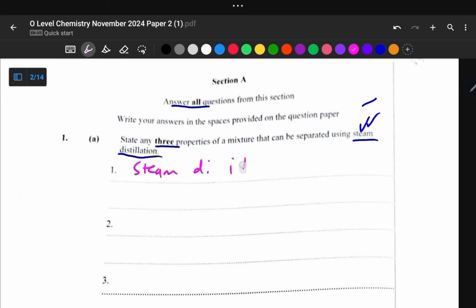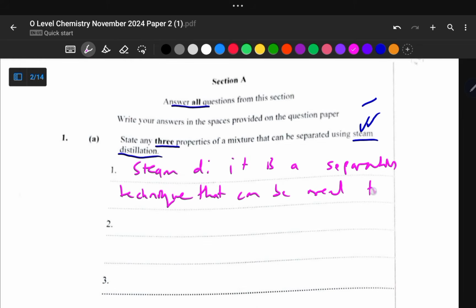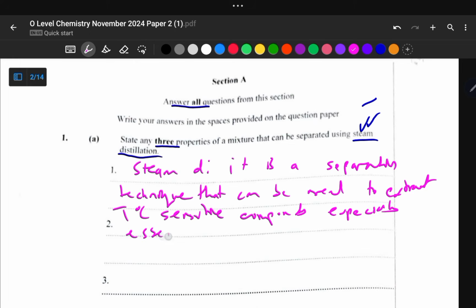So the definition for steam distillation: it is a separation technique that can be used to extract temperature sensitive compounds, especially essential oils from plants, right?